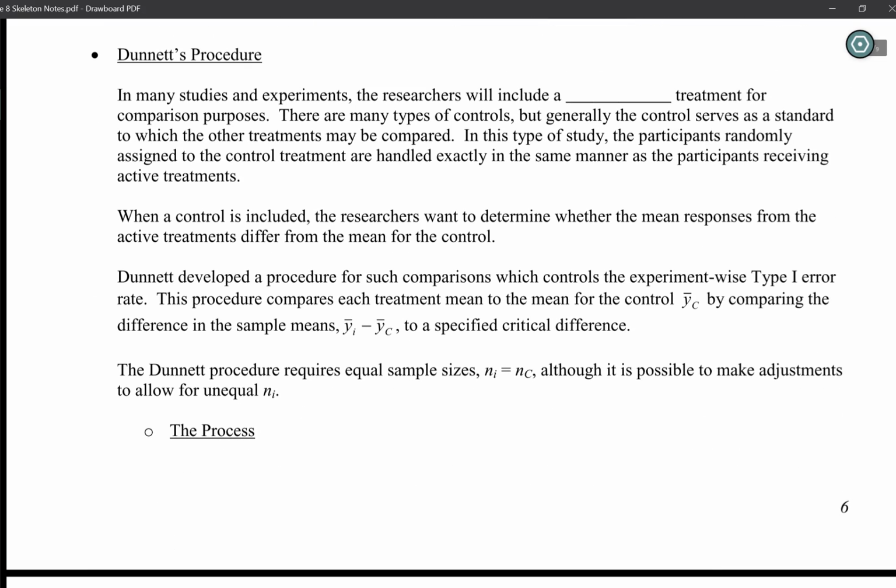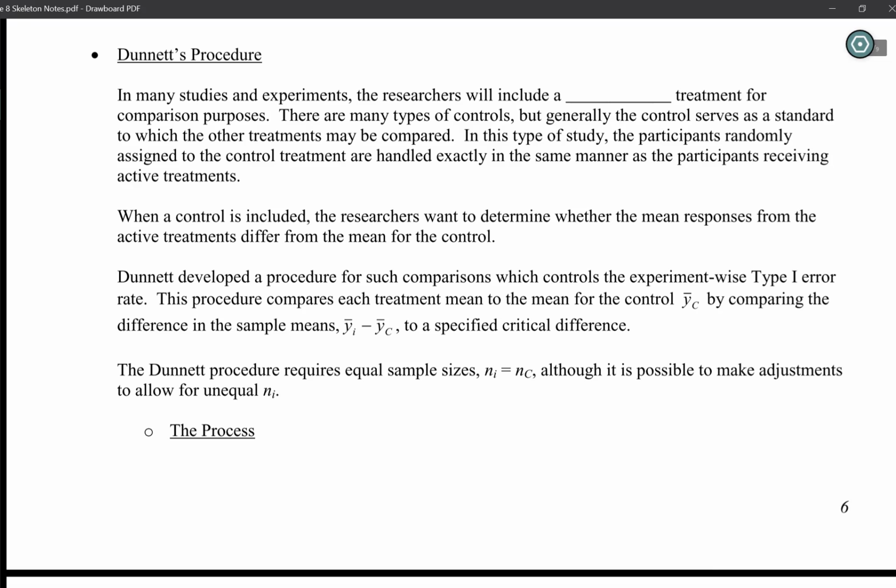Moving along to another multiple comparison procedure called Dunnett's procedure, a particular procedure that is interested in comparing mean values for treatments to the mean value of a control.